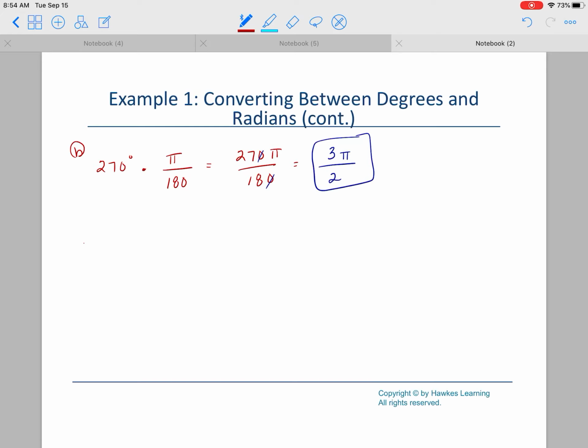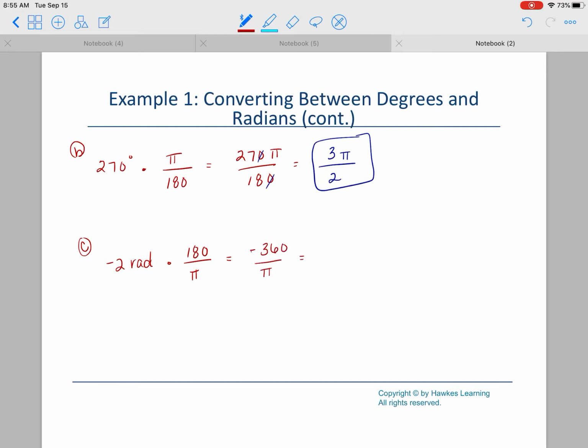And that was B. Now C says negative 2 radians. I want to change it to a degree, so I'm going to multiply it by 180 over pi. Now, this negative 2 does not have a pi to cancel out with the pi on the bottom, but that's fine. Negative 2 times 180 is negative 360 over pi.